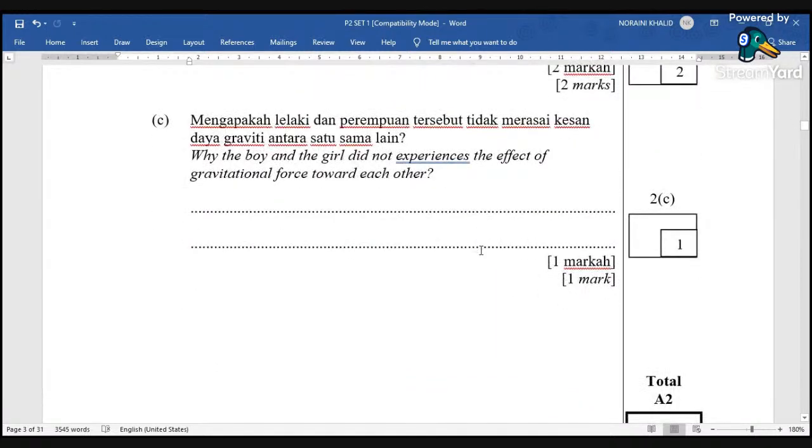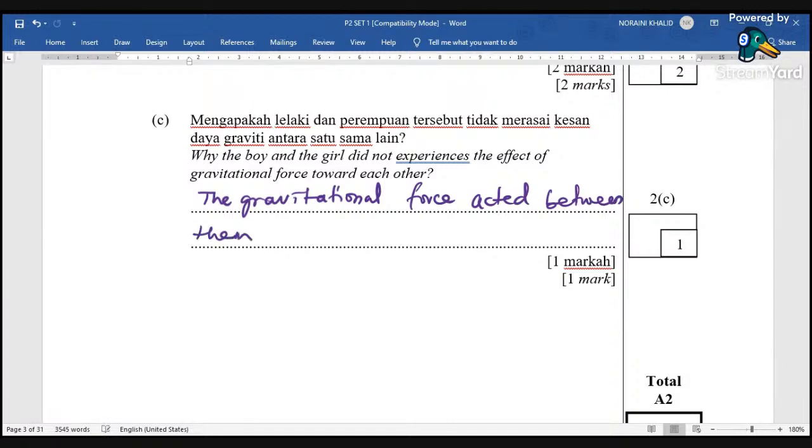Okay, so you can say that the gravitational force acted between them is too small and unnoticeable. Okay, so sangat kecil value sampai tak boleh dirasai ya oleh kedua-dua orang tu.